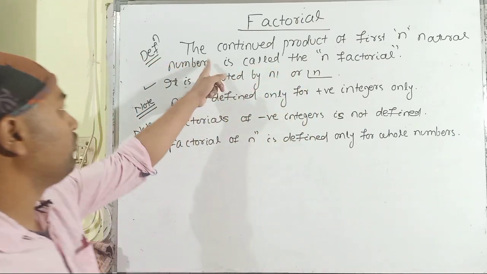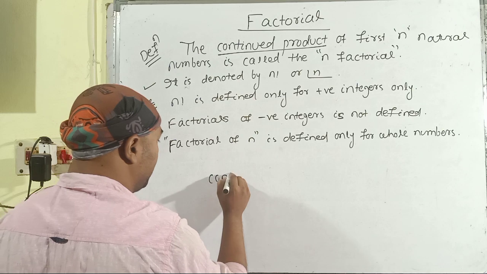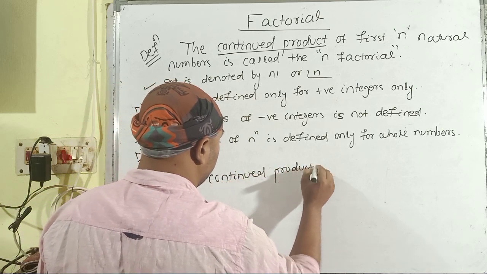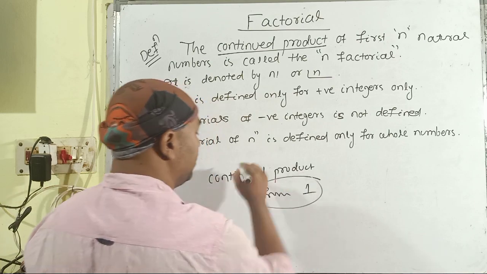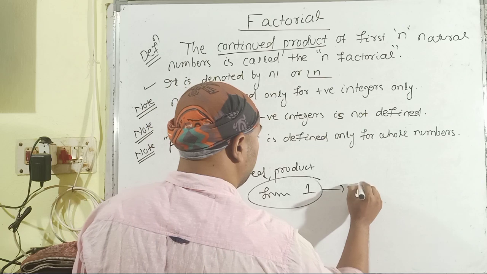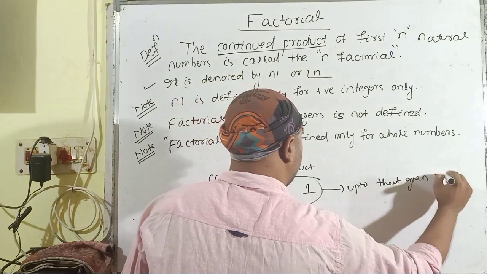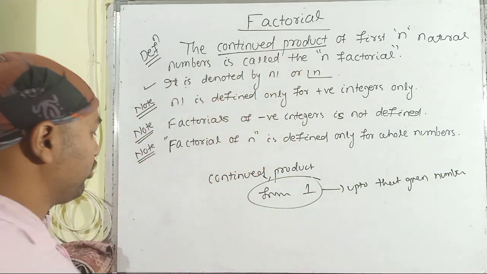So the continued product term means from 1 up to that given number. Suppose it has been given n factorial.